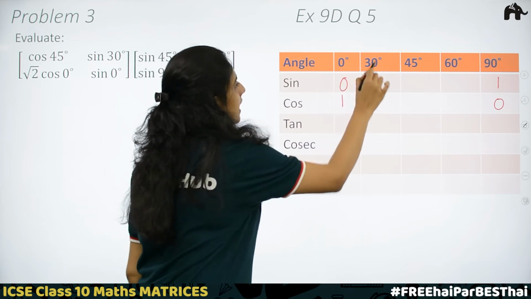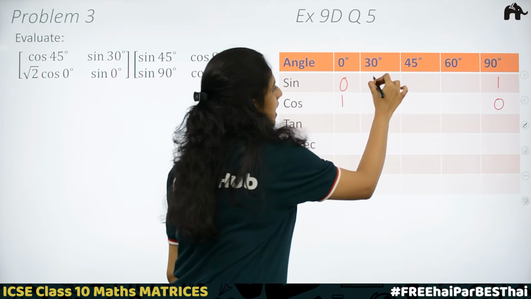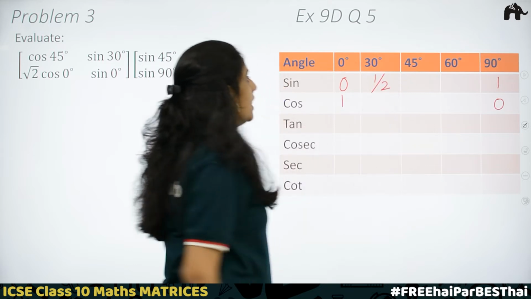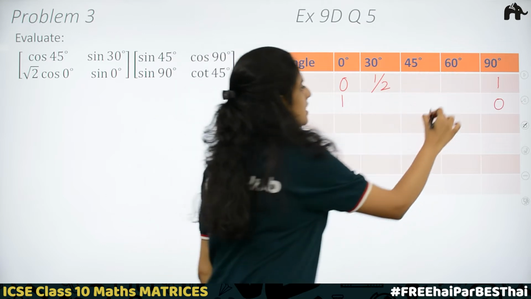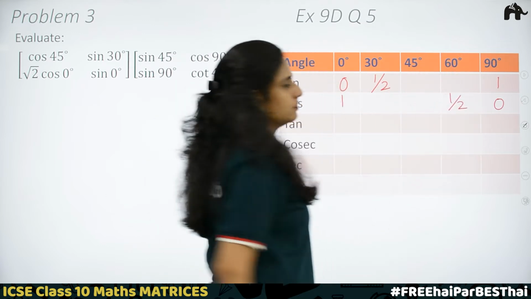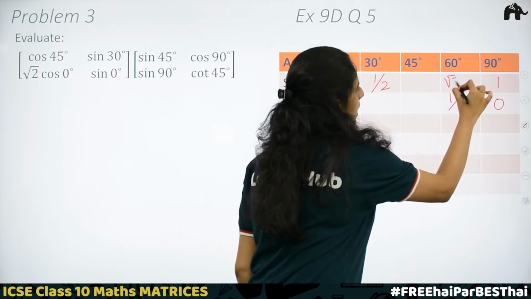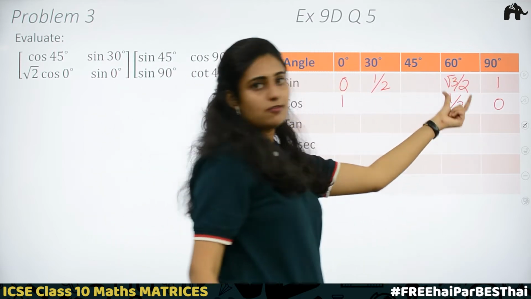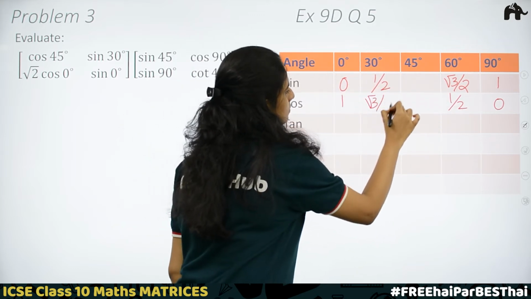Now the second, here we have sine 30 degree. The value of sine 30 degree is 1 by 2. The same will be cos 60 degree, which is also 1 by 2. Sine 60 degree is root 3 by 2, the same as the value for cos 30 degree, root 3 by 2.